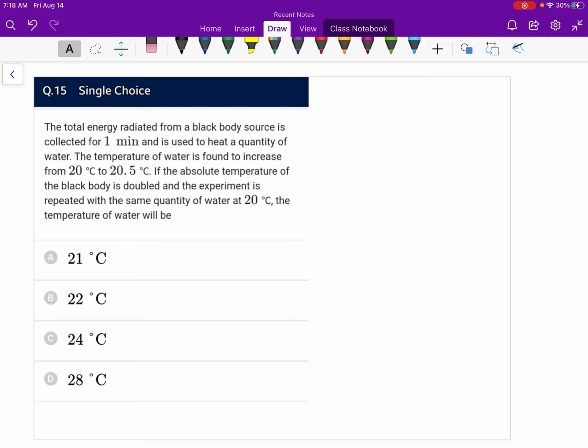The total energy radiated is used to increase the temperature from this to this. If absolute temperature is doubled, then the increment in the temperature will be? So Q, which is sigma A T to the power 4, is equal to m s delta theta.